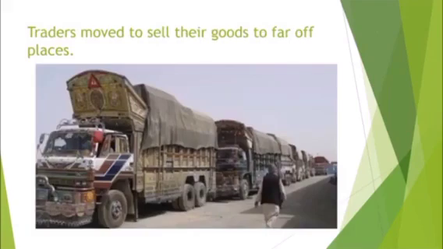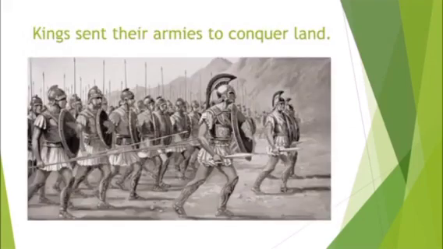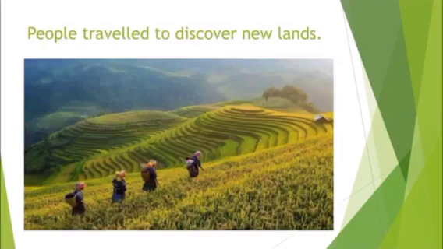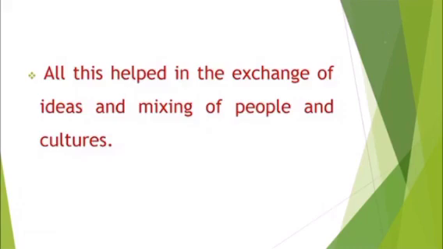Traders moved to sell their goods to far off places. Then kings sent their armies to conquer land. People traveled to discover new lands. So, all these helped in the exchange of ideas and mixing of people and cultures.